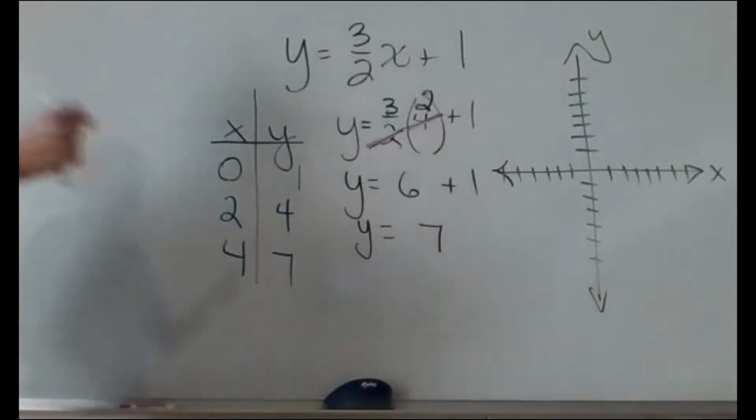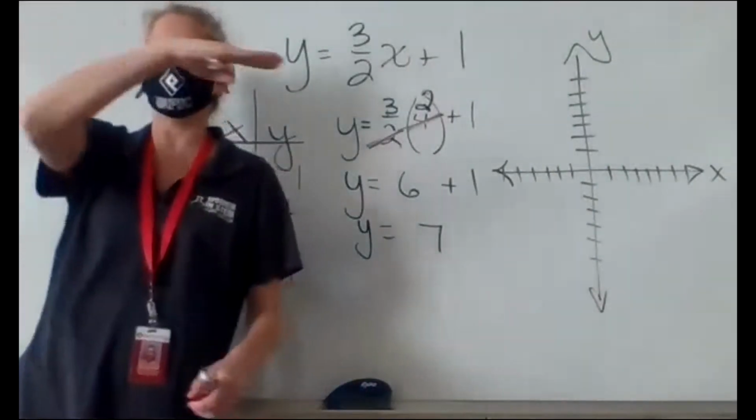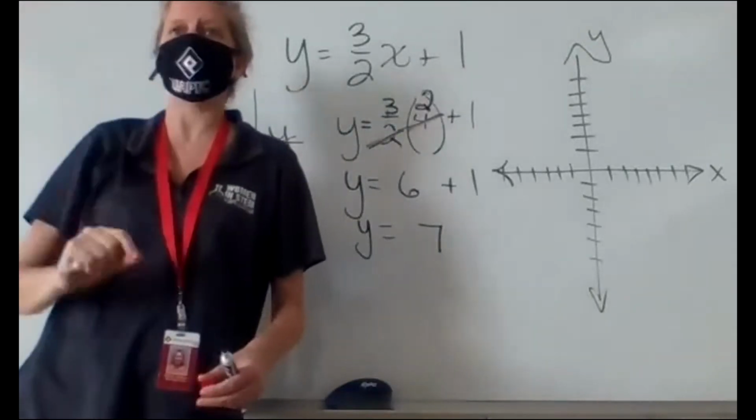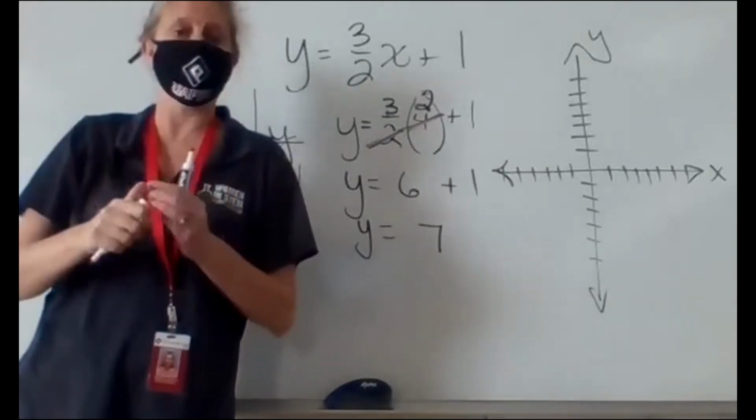So plotting points, the X tells you how far you're going left and right. The Y tells you how far to go up and down, all depending on whether you're positive or negative.